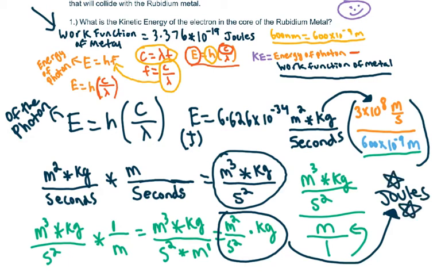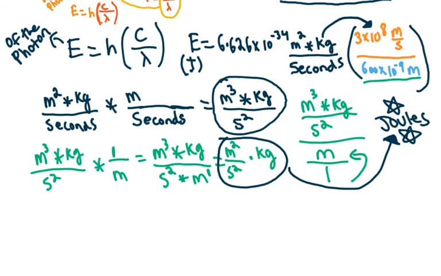All we have to do now is calculate the numbers by just multiplying. So let's go ahead and do that. 6.626 times 10 to the negative 34th. Let's not worry about the units because we just solved it all out and found that meters squared over seconds squared times kilograms is joules.